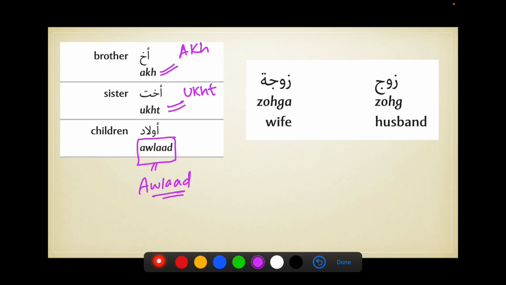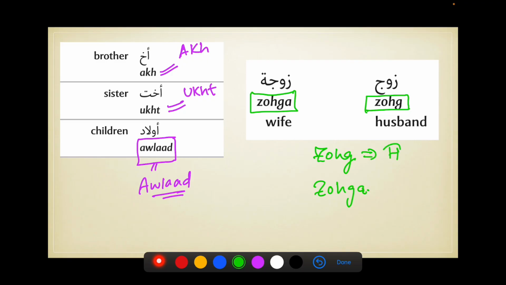Again, brother in Arabic is called Ak, sister is called Ukt, and children are called Awlad. Wife in Arabic is zoga, and husband is zog. Zog is for husband and zoga is for wife.